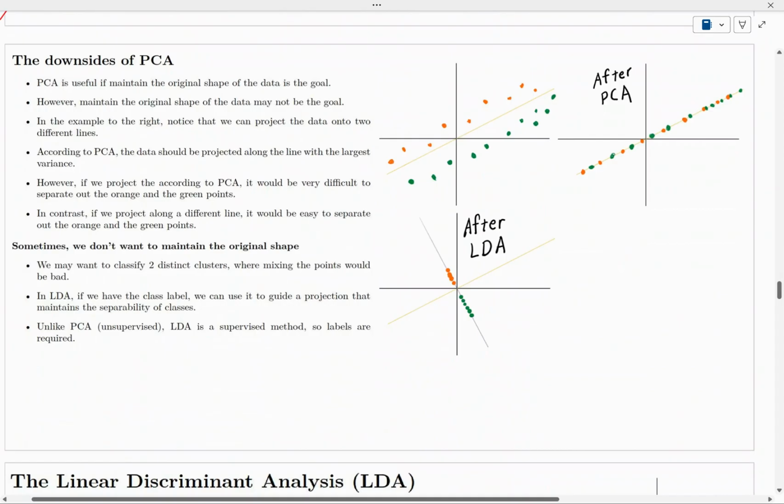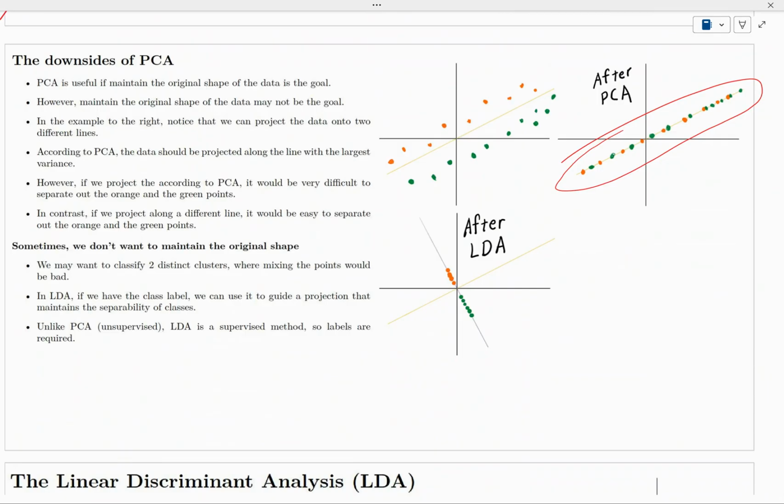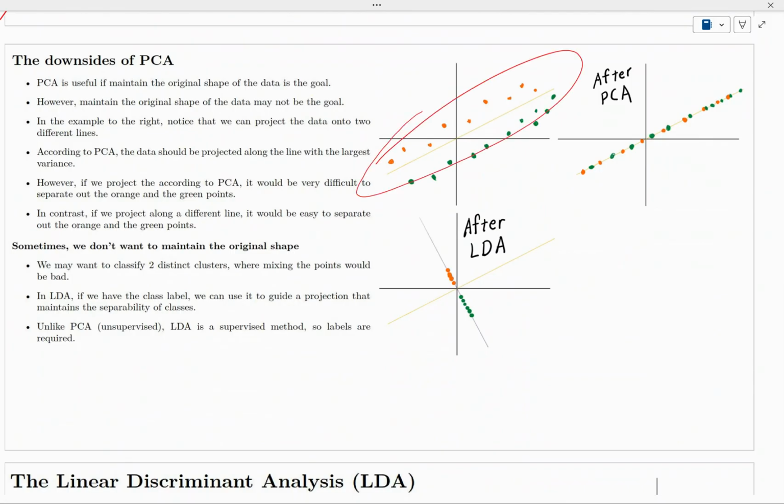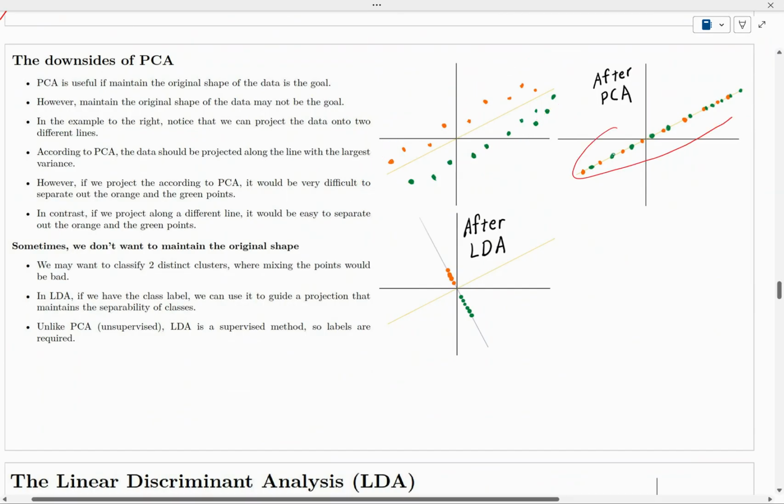Now, the upside of PCA is that it maintains the original shape. However, that's also the downside. Sometimes we may not want to maintain the original shape. In this particular case, notice that we have the data. If you want to maintain the original shape, you would perform PCA and it would look like this.